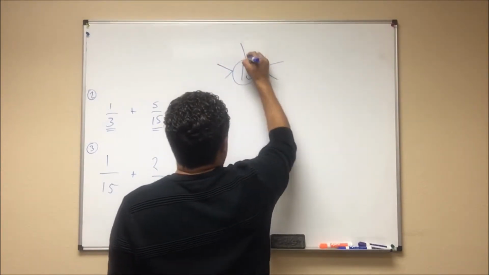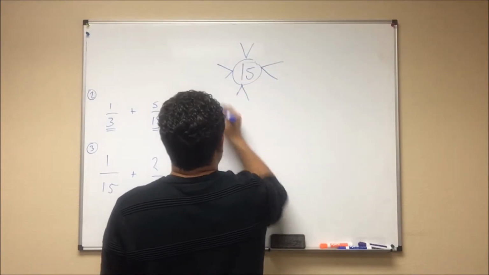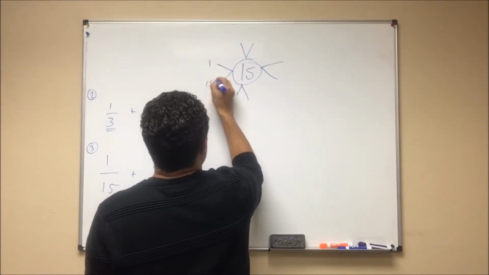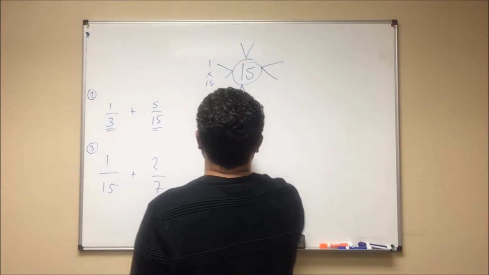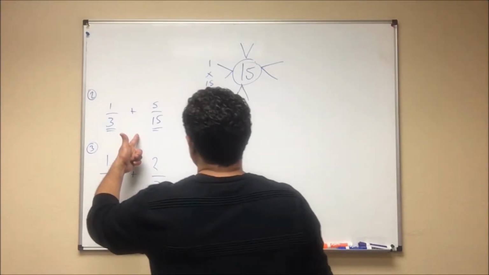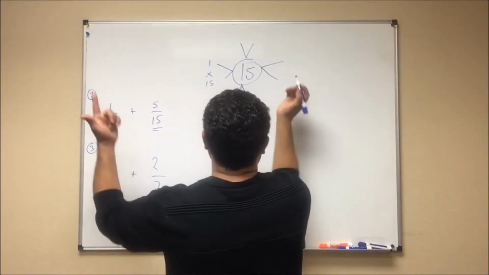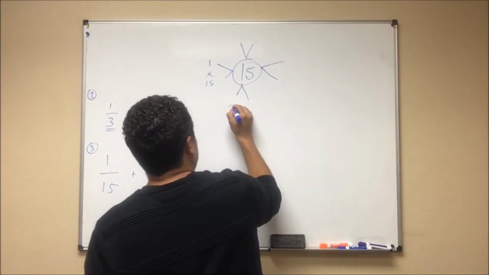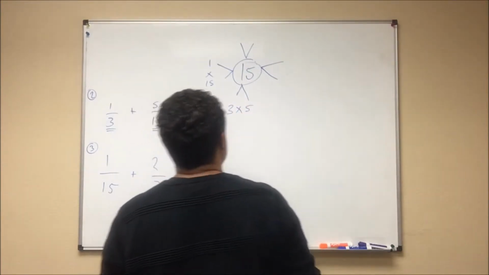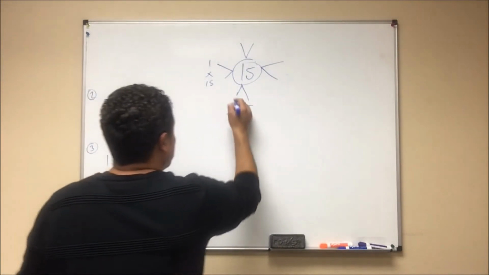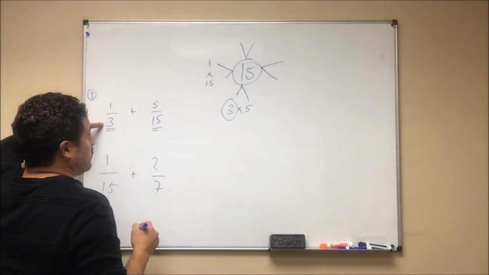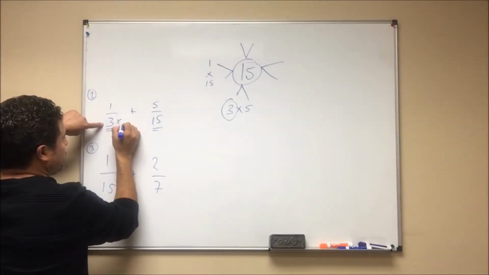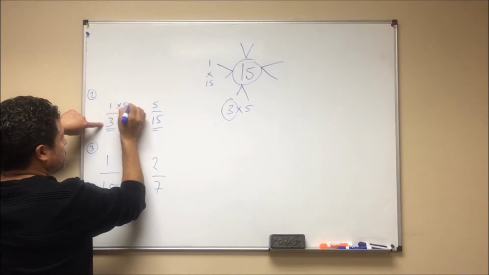You're gonna draw a tree. And you know that 1 times 15, you know that 2 doesn't work, so you need to go to 3. 3 times 5 is 15. But guess what? 3 and 3. So 3 times 5 and 1 times 5.